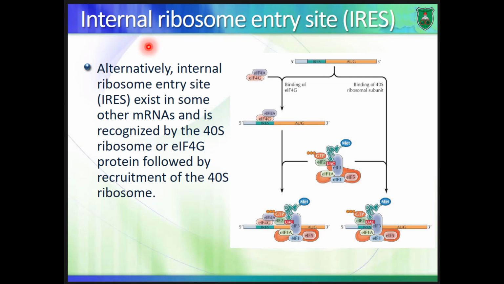صحيح؟ So what's written? خلينا نشوف شو مكتوب هون. ال IRES exists in some mRNAs of certain genes, recognized by 40S اللي هو هذا اللي هون ribosome or initiation factor 4G protein. As you can see هيو هذا ال pink اللي attached على green site اللي هي element followed by recruitment of a small subunit.